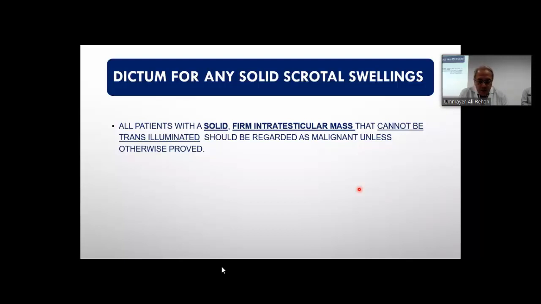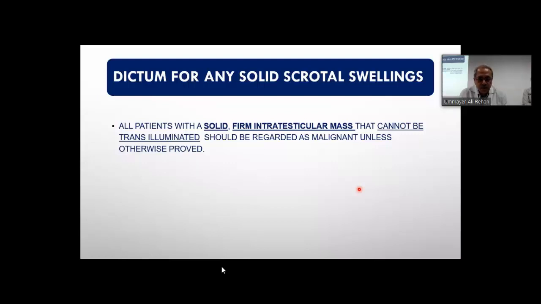If the person says there is a little bit of a dragging sensation, and whenever I touch the scrotum I feel a lot of pain, then this is more of an infective kind of swelling. It might be because of orchitis. To differentiate between these two conditions, one malignant and the other infective, we prescribe antibiotic therapy for probably 5 or 7 days, and then ask the patient to come again.